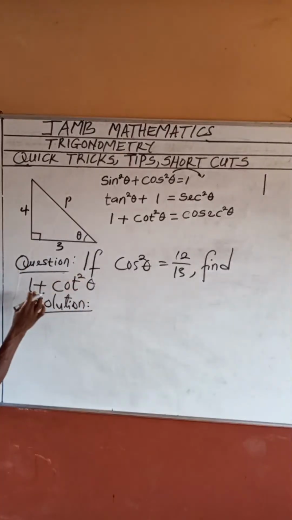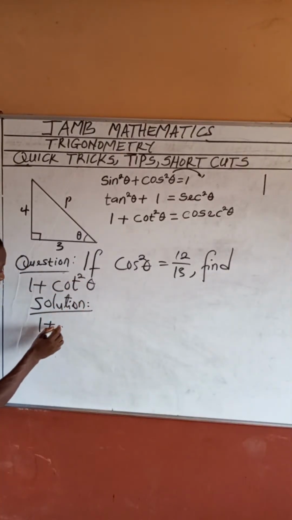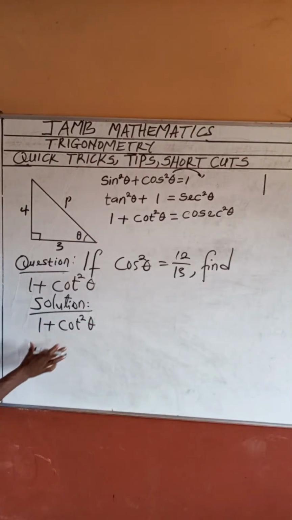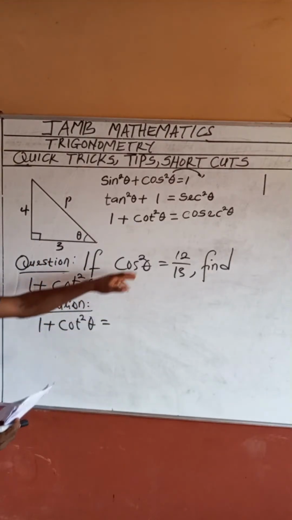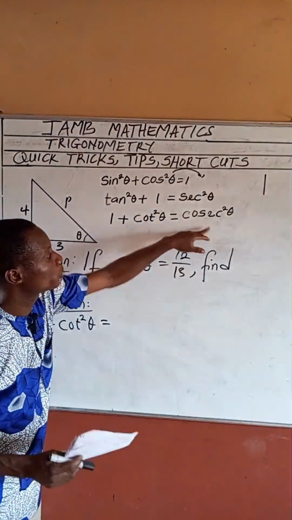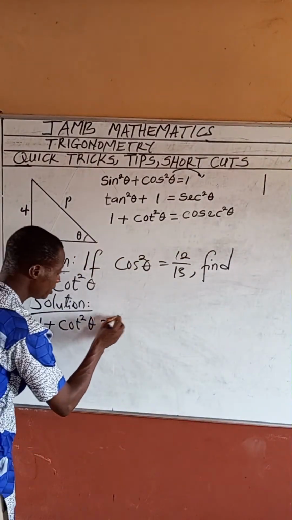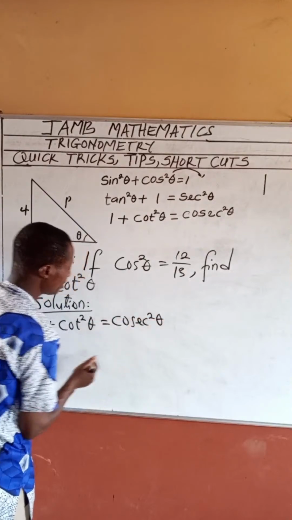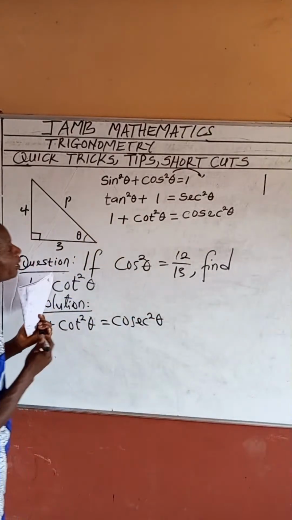Always start from what we are to find: 1 plus cot square theta. What is 1 plus cot square theta? 1 plus cot square theta is cosec square theta. That's what it is here. Just look at it from here.